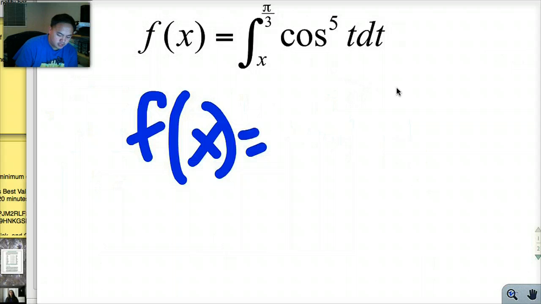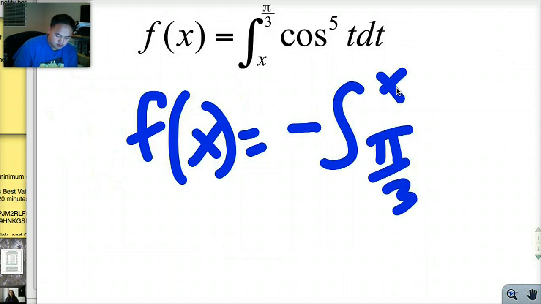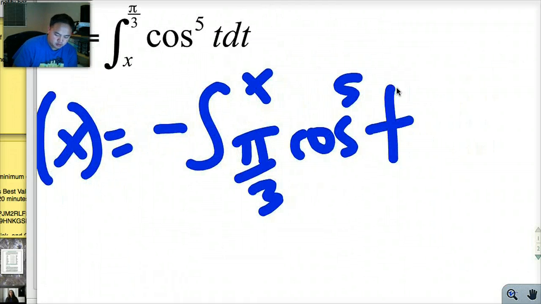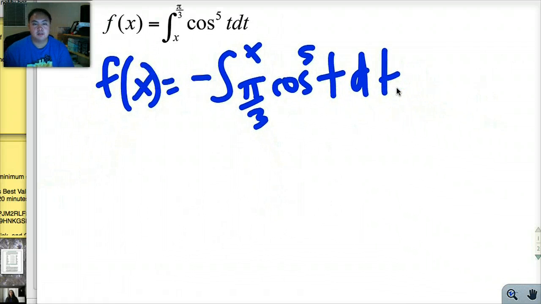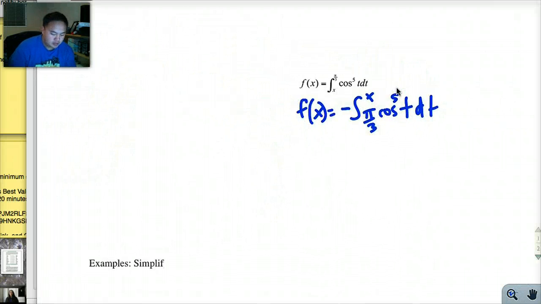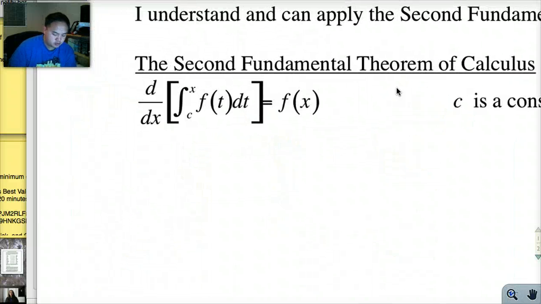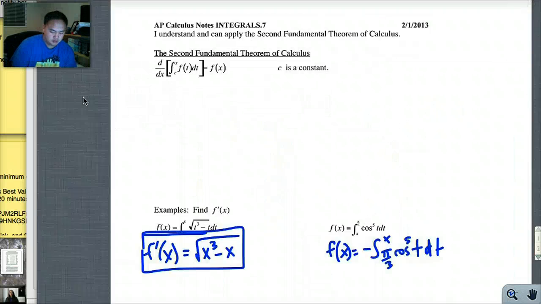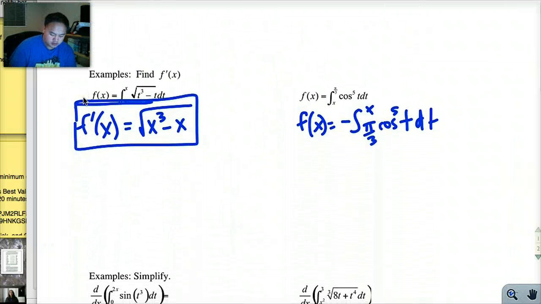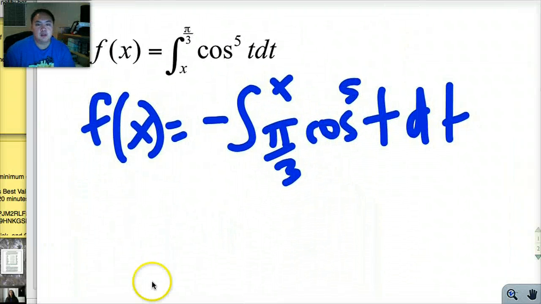So I'm going to call this negative, pi over 3 to x. So now I have the constant on the bottom. Remember, going back to the original fundamental theorem of calculus, the constant has to be on the bottom. So now I have the constant on the bottom, I flipped it and I had to add a negative.